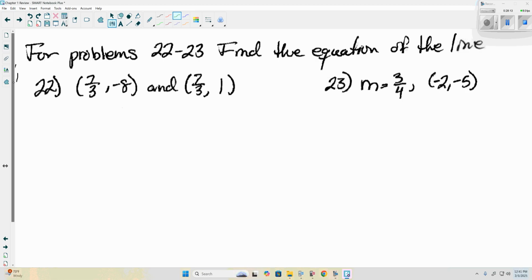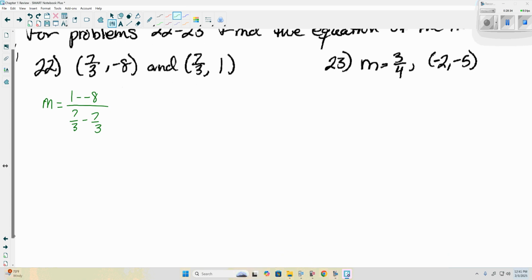Find the equation of the line. For 22, the first thing we're going to need to find is the slope. Looking at this here, what's the value of the slope going to be? So we'd have 9 on top, yes?